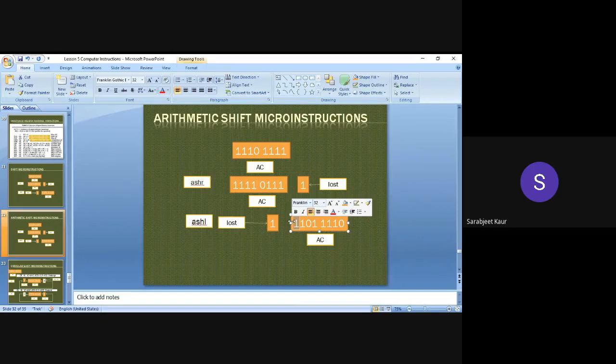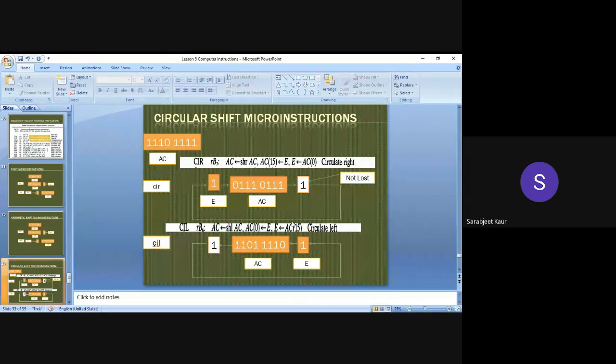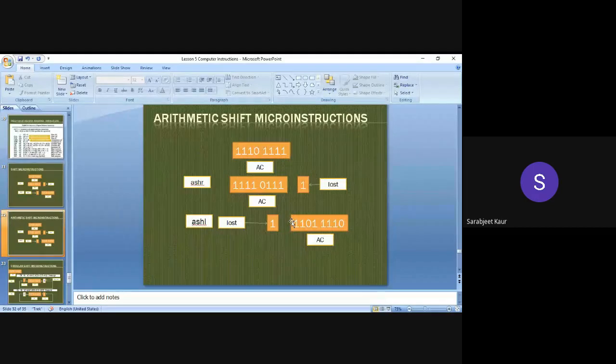I'll give you some examples of arithmetic shift in micro instructions, or maybe you can look at the back of your textbook to find an example or two to practice the shift, arithmetic shift and circular shift micro instructions.